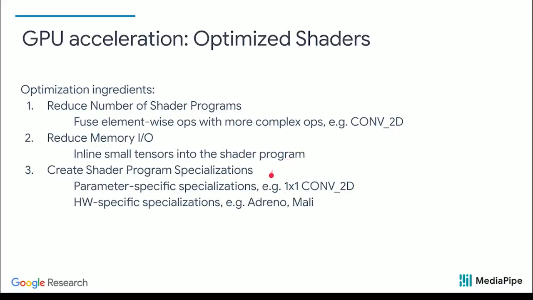And then we specialize shaders in two ways. Number one, for commonly used hyperparameters, like for example, the one-by-one convolution, but also we specialize for particular GPU families like Adreno or Mali or even individual chipsets.